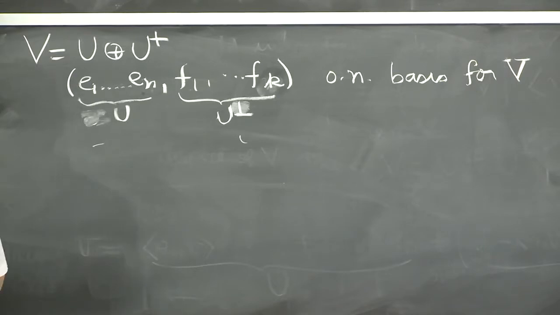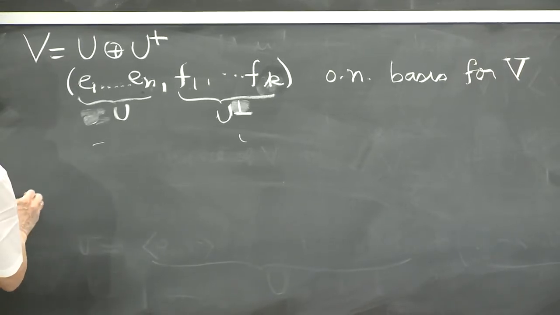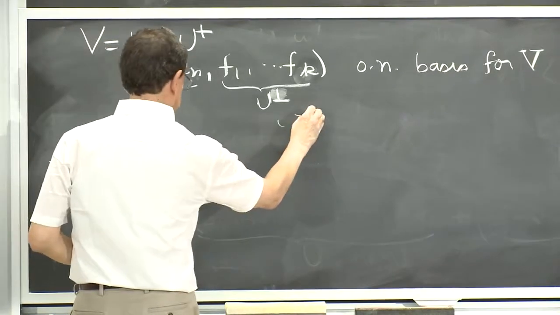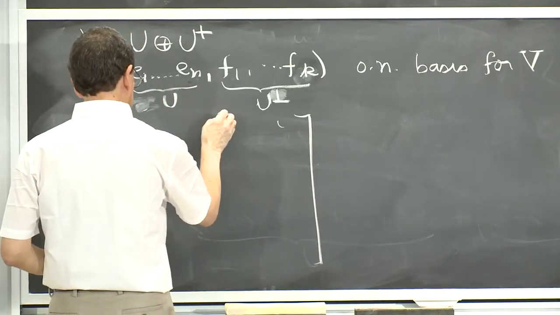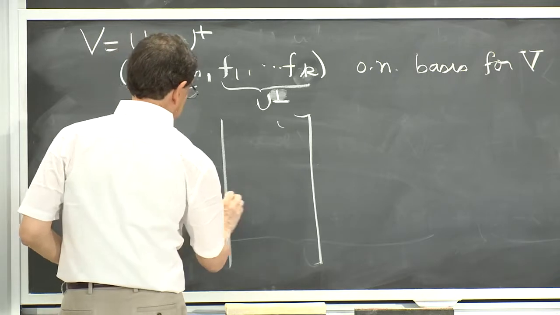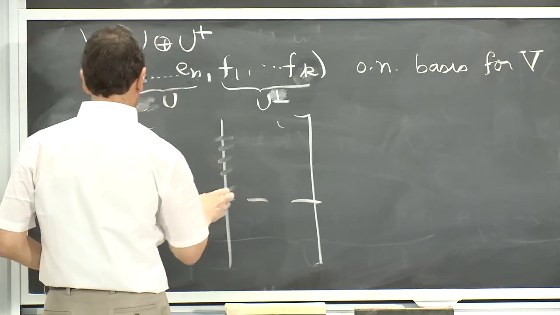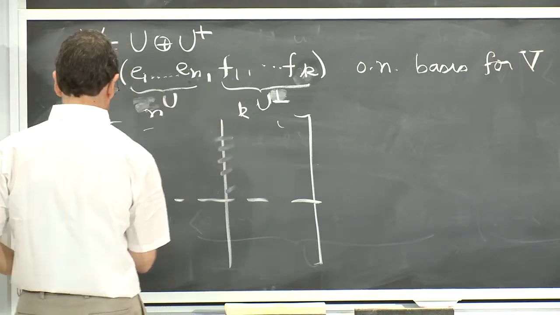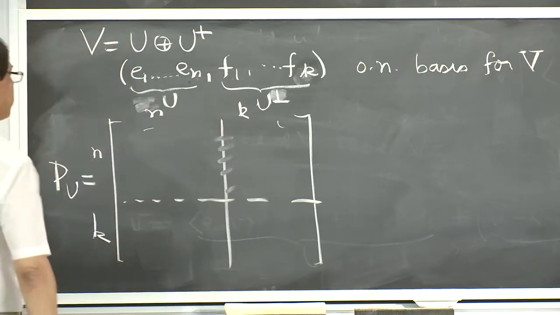So the projector PU must be an n plus k times an n plus k matrix.